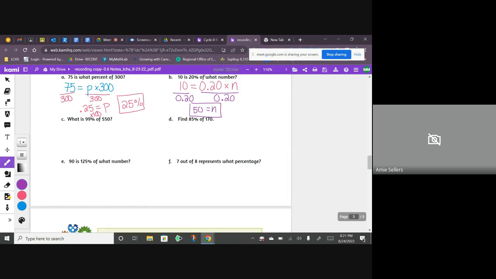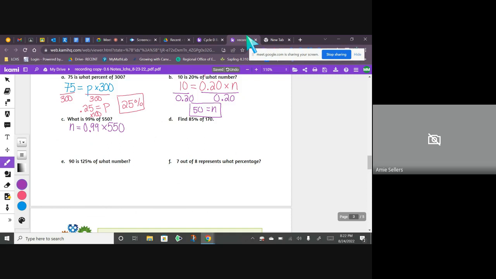What is, so that can be n, is will be equals 99% of 500. So I have my first percent here in this problem. So that's going to be 0.99 because we want to write the percents as a decimal. And of means to multiply. So we're going to multiply that with 550.